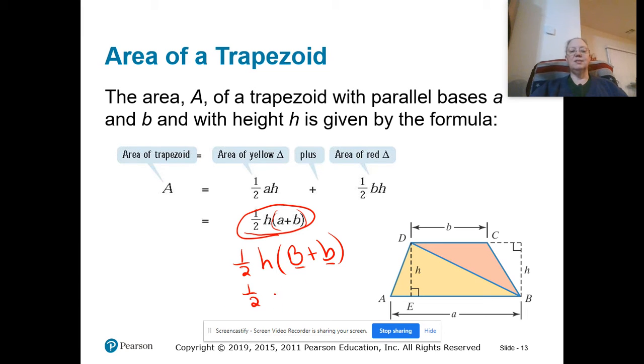Or sometimes you'll even see it like this, B sub 1 plus B sub 2, right? The two different bases. It doesn't matter how it's written. You're just going to take these two sides and add them up, multiply times the height, and take half of it.